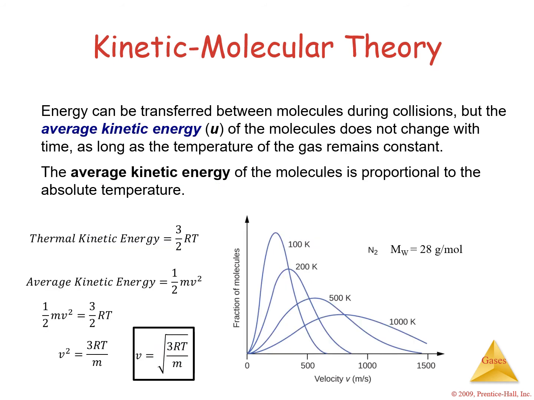Okay, this slide gives you a graphical example of how the average kinetic energy is proportional to the temperature, and you can actually have a formula for it. Here is a formal little derivation of how velocity or kinetic energy depends on the temperature of the gas in this formulation of the kinetic molecular theory.